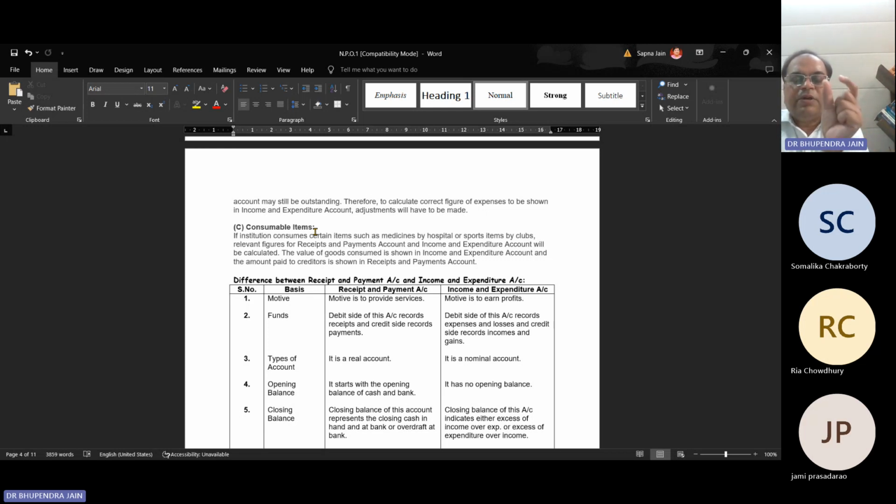Opening stock plus purchase minus closing stock. So the remainder is the consumable item of sports items. Clear? One more thing: I said opening plus purchase minus closing, and here purchase will always be net purchase. Net purchase means purchase minus purchase return.